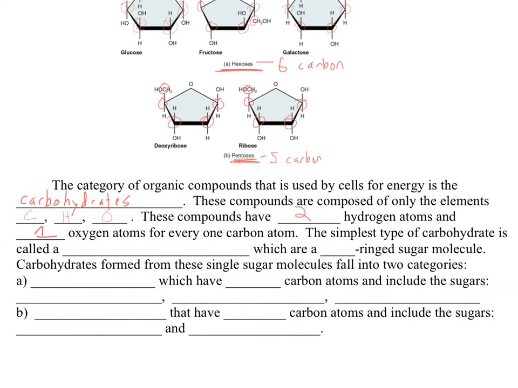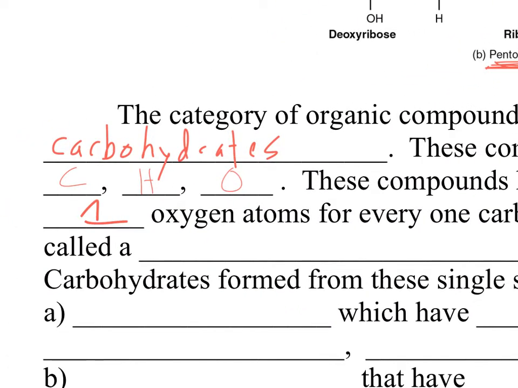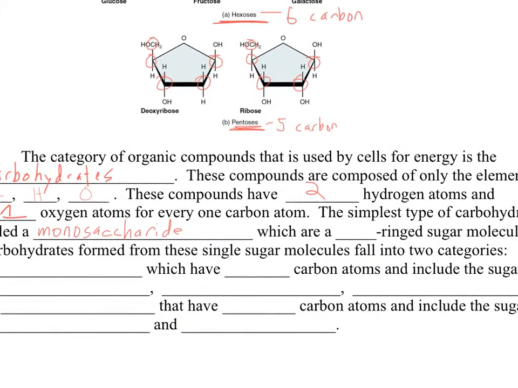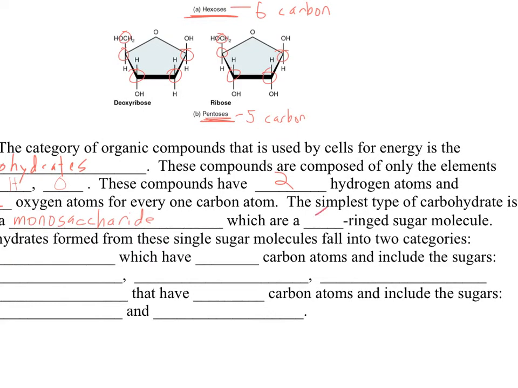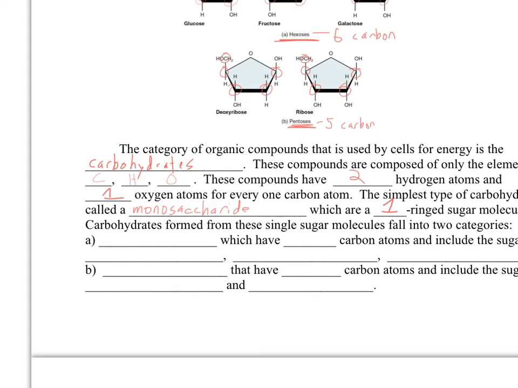The simplest type of carbohydrate is called a monosaccharide, which are 1 ringed sugar molecules.